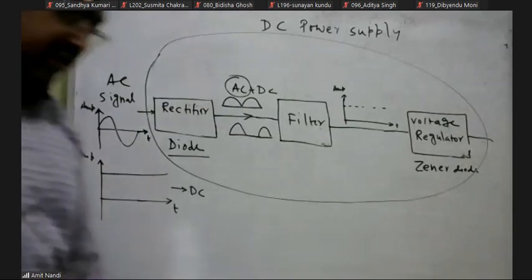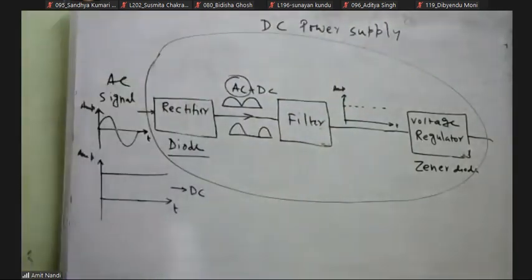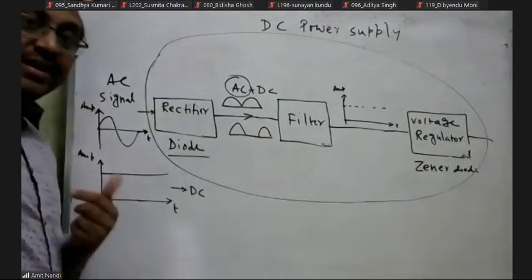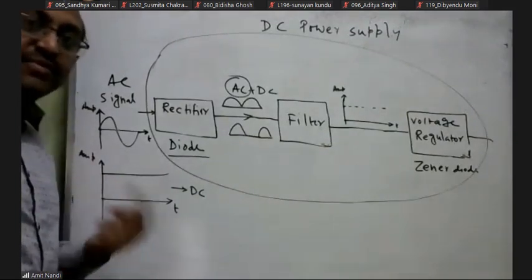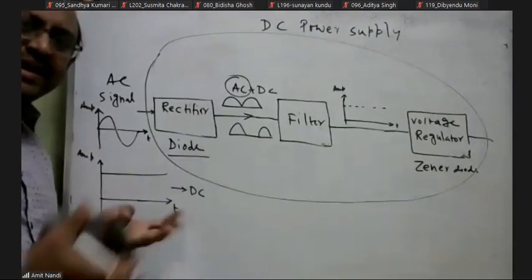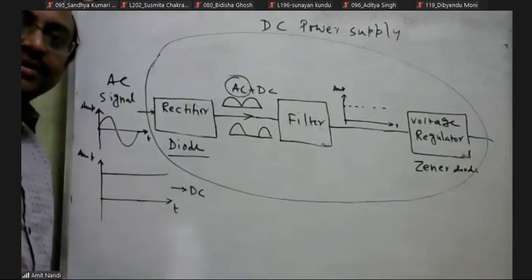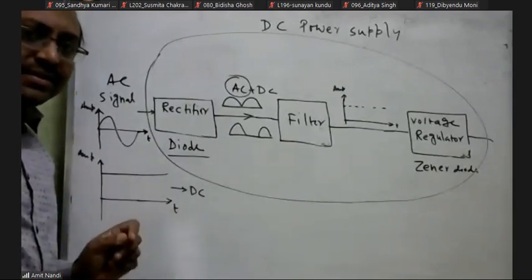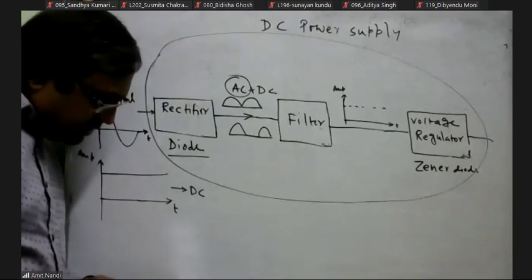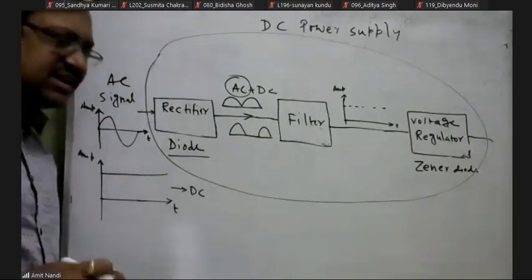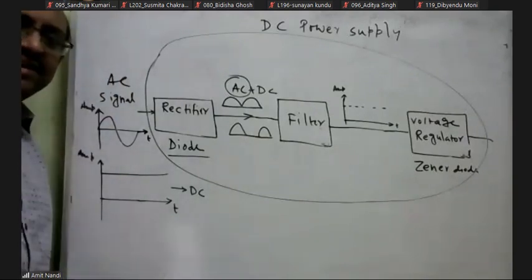Do you know the name of the circuit by which we can build a sinusoidal or square or any other waveform? Are you familiar? Function generator. Obviously, these are function generators.